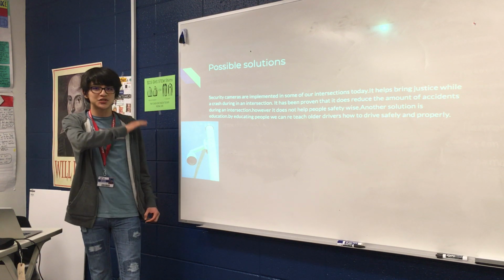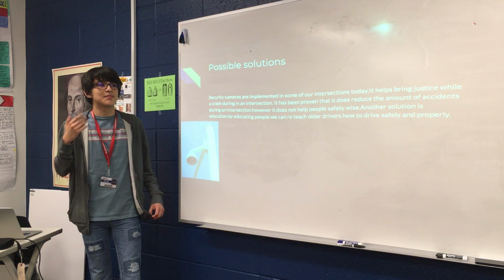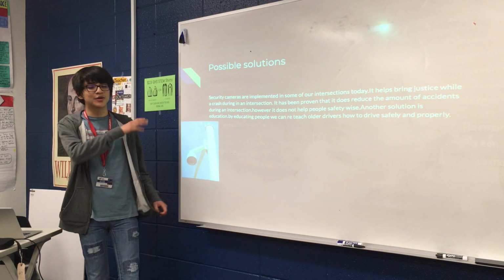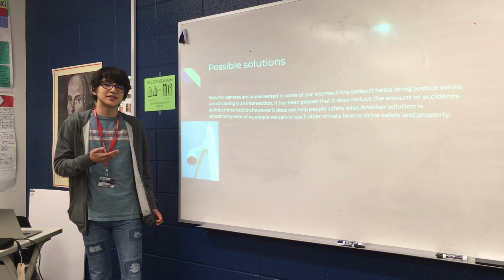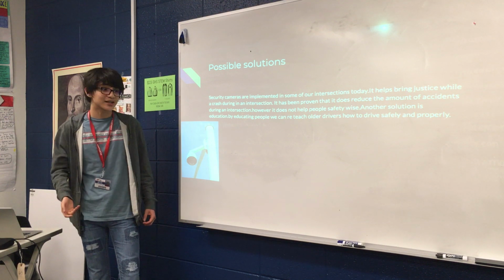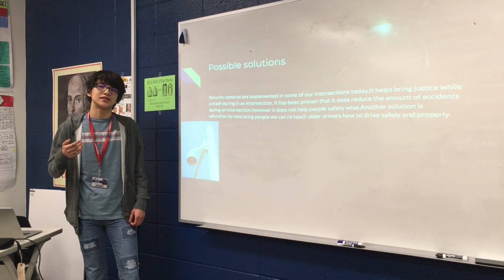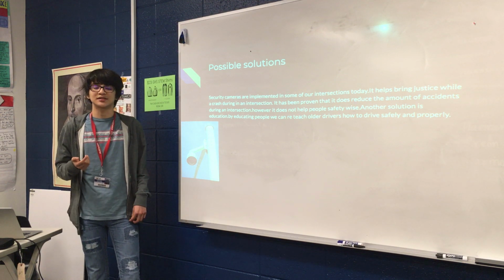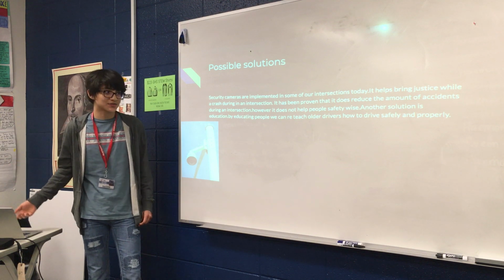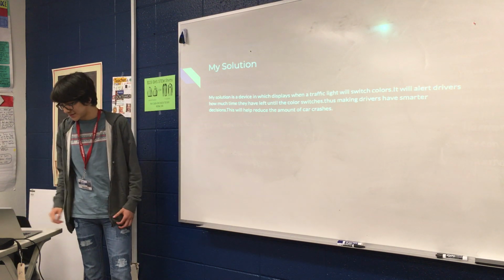Although they have been shown to reduce it, they aren't really meant to help people avoid accidents. They're mostly there to record people if they're following the law, right? So it's not really effective for the purpose of helping people avoid accidents, to make people safer, right?